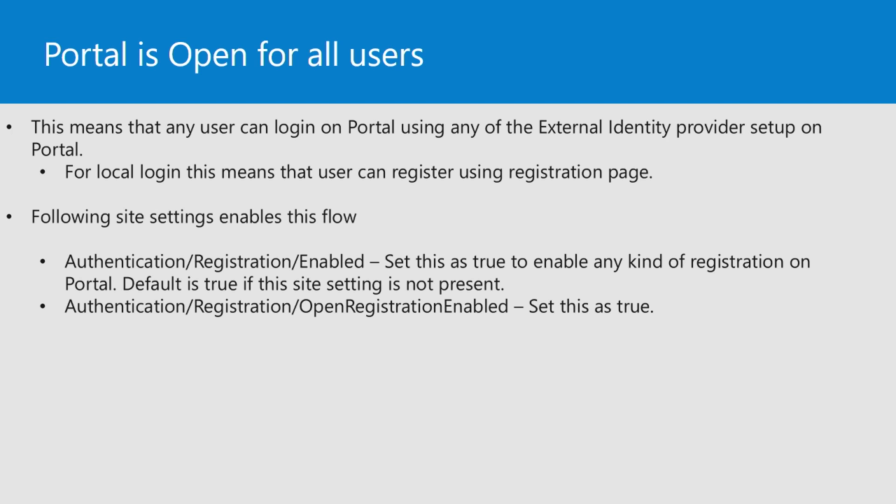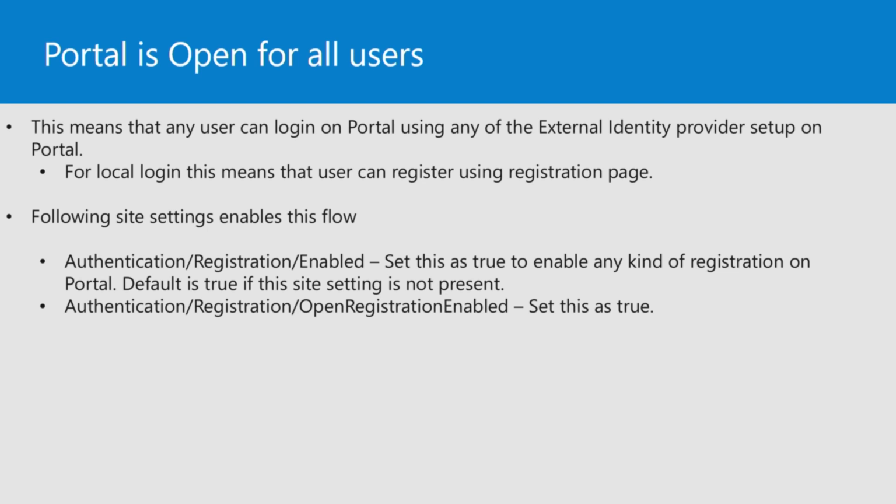Now, important thing here is, let's say you are using Facebook as an auth provider. When someone comes to your portal page, clicks on Facebook login, and logs into Facebook, if they are doing it for the first time, they have not been registered yet. When we get data back from Facebook to your portal, that's when we create the appropriate content.